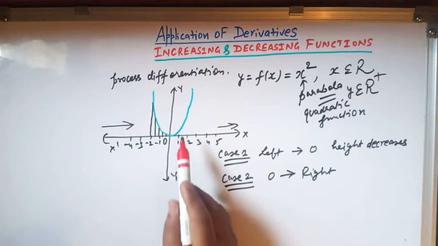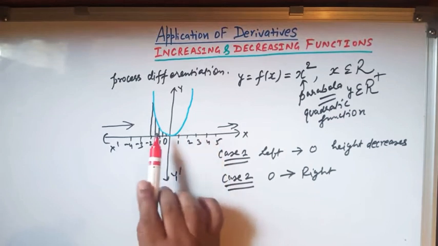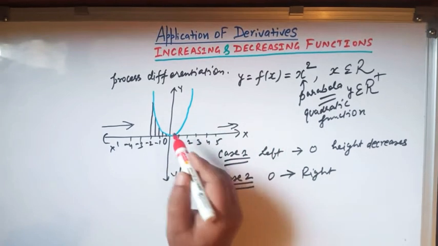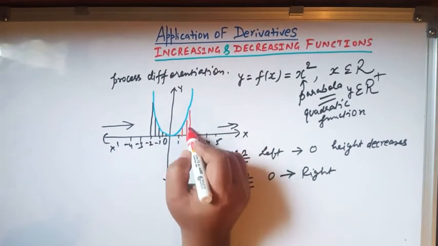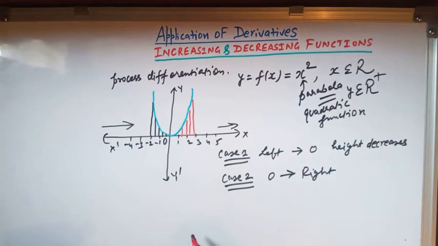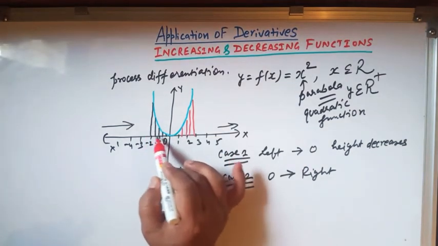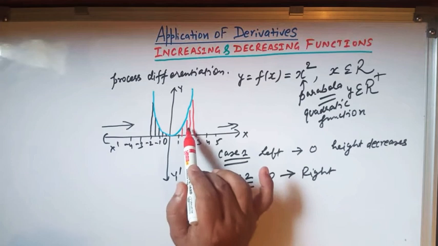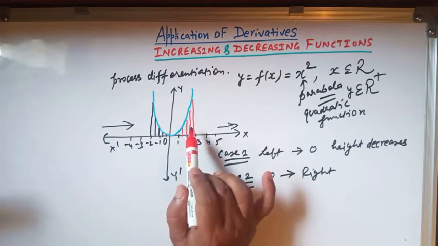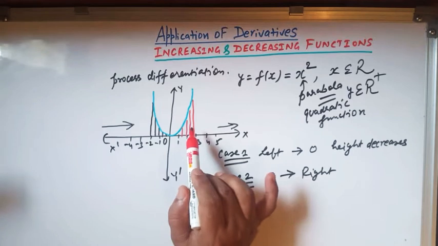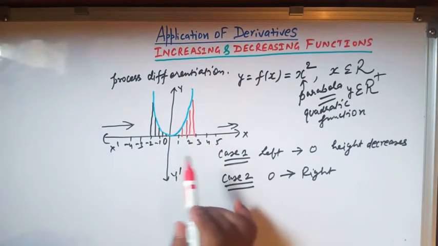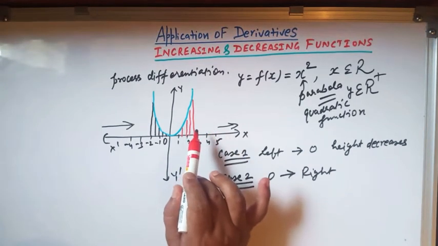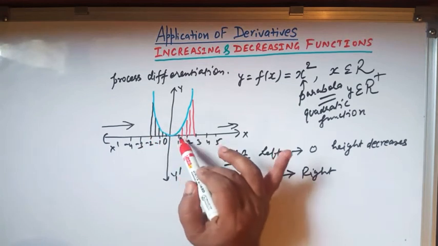And if we move from left to right, the height of the graph increases. See? This is the height of the graph. So in this portion, the height of the graph decreases, and here it increases. Clear? So we can say that as we move from left to right along the graph, the height of the graph continuously increases.